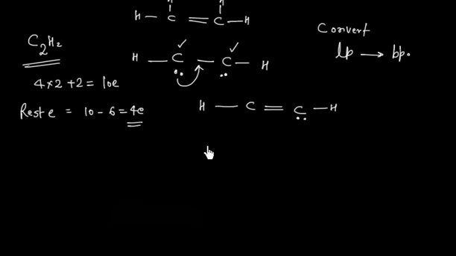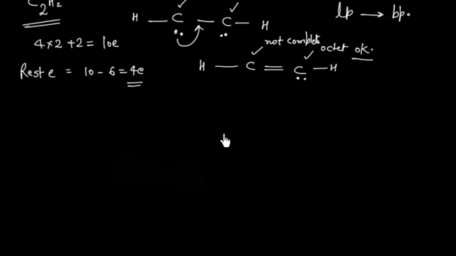Now check the octet again, but the octet is not complete. This is 2, 4, 6, 2, 4, 6. So this carbon's octet is okay, but the octet for this carbon is not complete. Are you getting it?